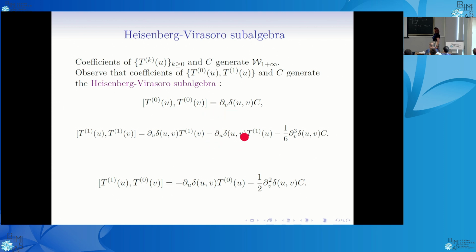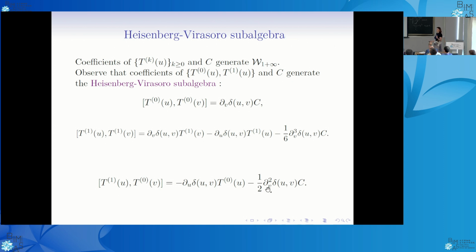The second one is the Virasoro algebra commutation, maybe not written in the canonical form, but this derivative with respect to u of the formal delta distribution, this coefficient can be rewritten so that we get exactly the best known commutation relation for the Virasoro subalgebra. And the last one shows that if we apply the Virasoro algebra to the Heisenberg one, we will get Heisenberg back again. So all this is closed, so we have a closed subalgebra, which is the Heisenberg-Virasoro subalgebra.